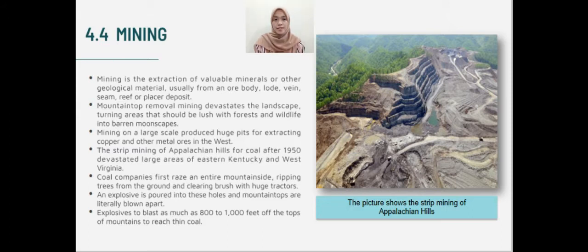Coal companies use explosives to blast as much as 800 to 1000 feet off the top of a mountain in order to reach the thin coal, since it is very deep below.